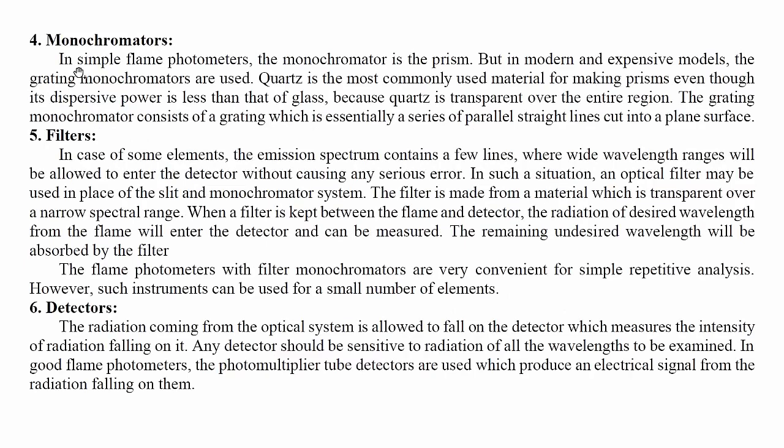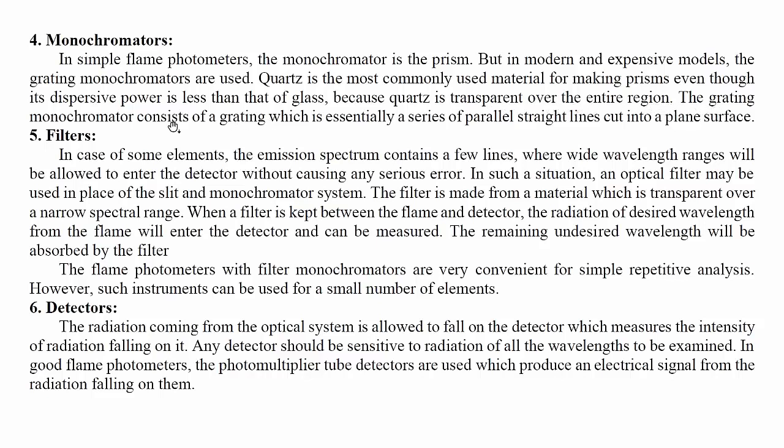4. Monochromators. In simple flame photometers, the monochromator is a prism. But in modern and expensive models, grating monochromators are used. Quartz is the most commonly used material for making prisms, even though its dispersive power is less than that of glass, because quartz is transparent over the entire region.